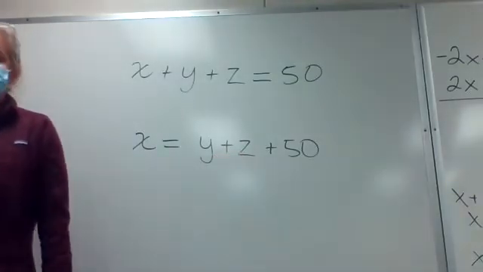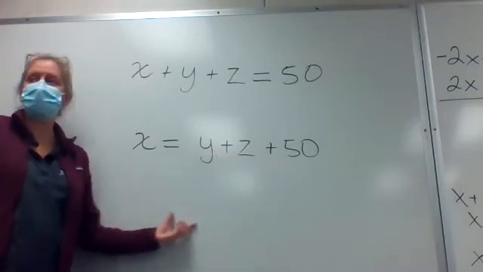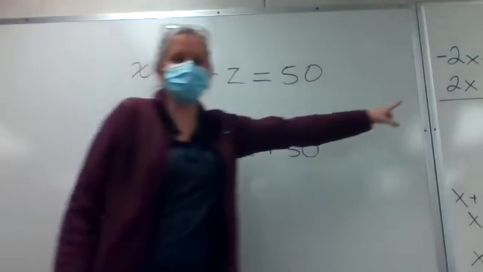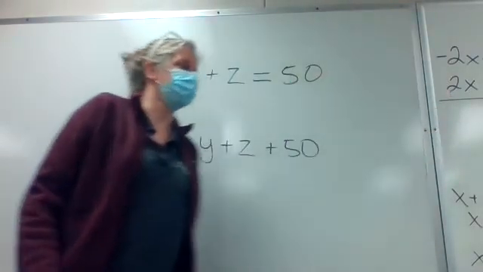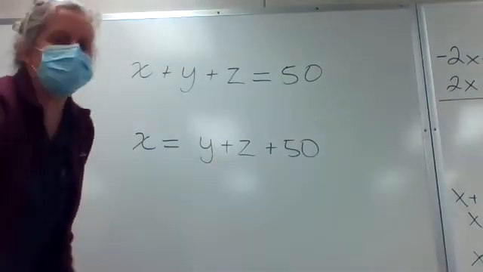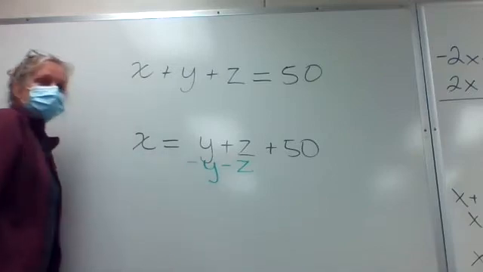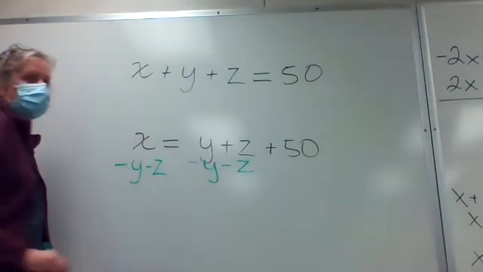Now, it is multiple choice. And on this, the Y and the Z are moved over here. The X, Y, and Z. So that way it looks like, you know, a system of equations kind of look. Okay, so if I'm moving the Y and Z over here, what am I needing to do? Subtract the Y and Z there, which means I have to subtract the Y and Z here.